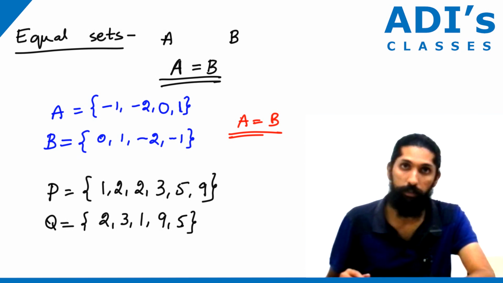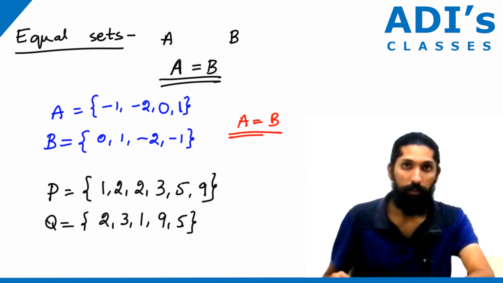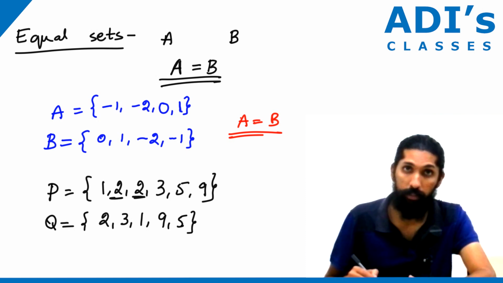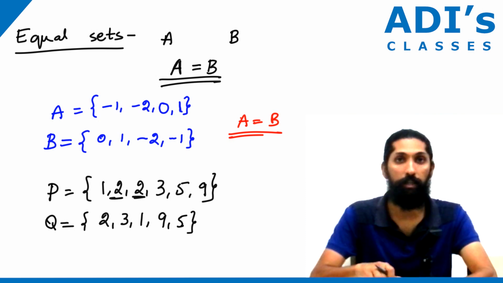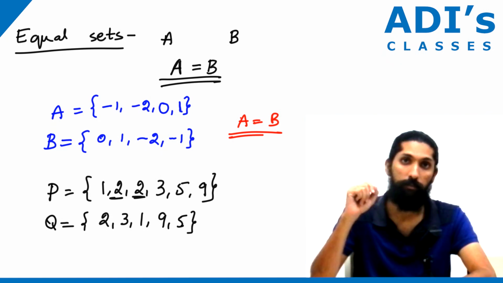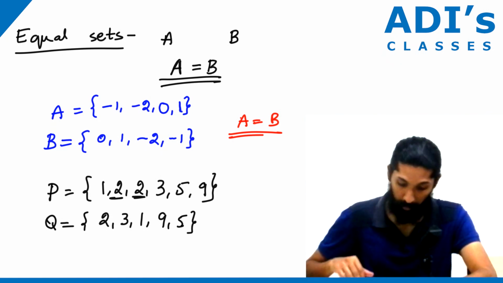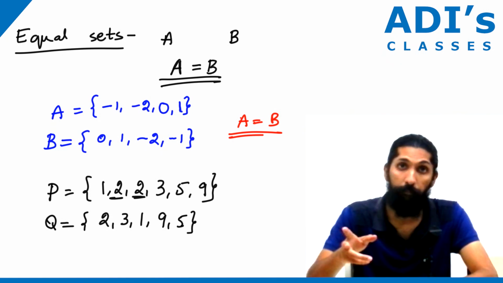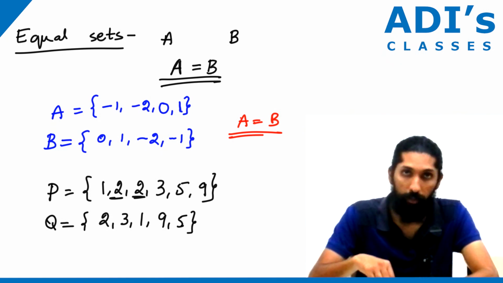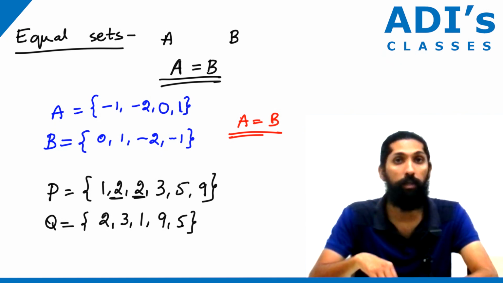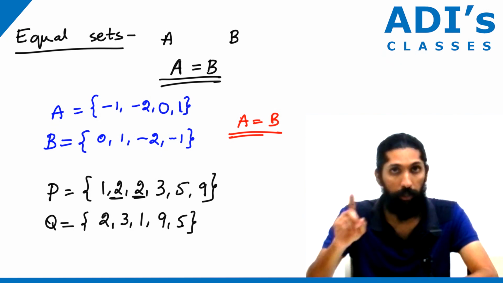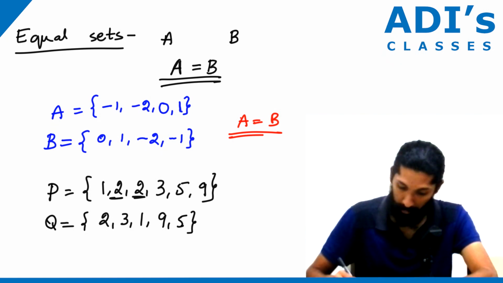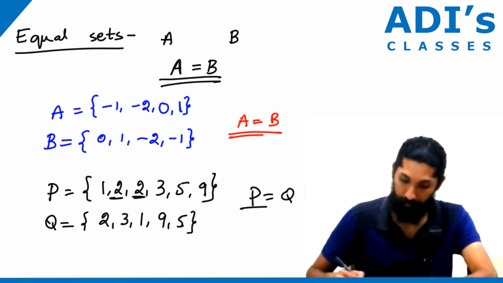These two are also equal sets. You know the reason why? Look at set P, 2 is repeated twice. Whenever we write a set, we write it only once. That means you get 1, 2, 3, 5, 9. The next one is also 2, 3, 1, 5, 9. They're the same. That's why whenever we write a set, we do not write the repeating values; we just write the value once. So here also we have P is equal to Q.